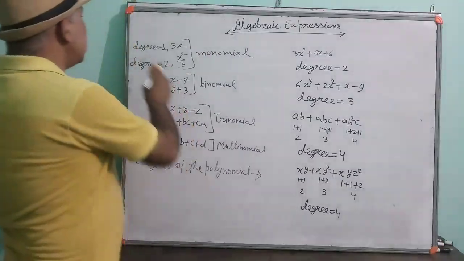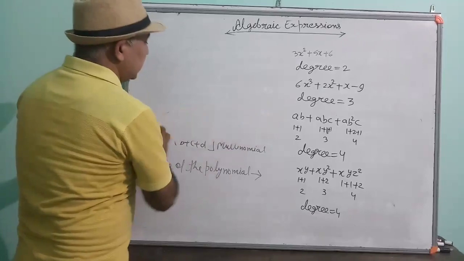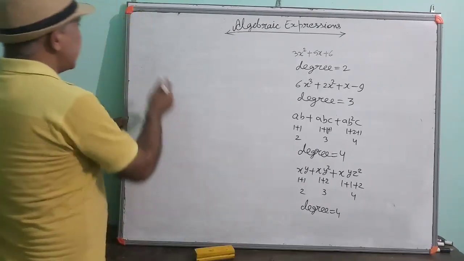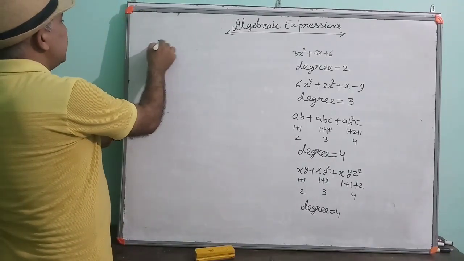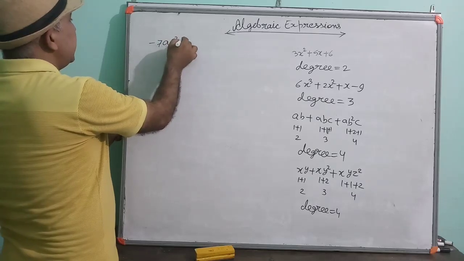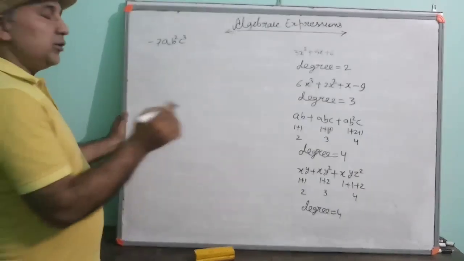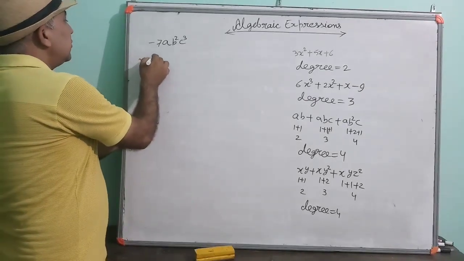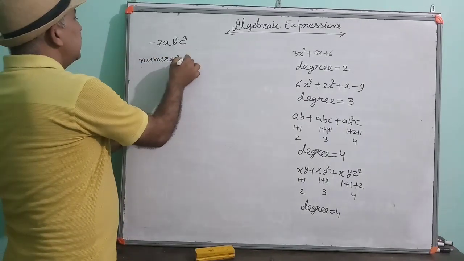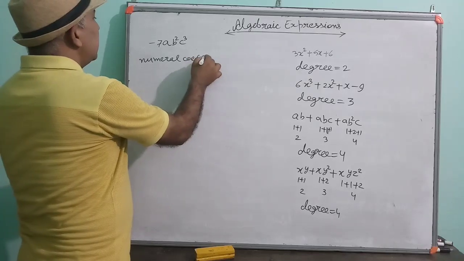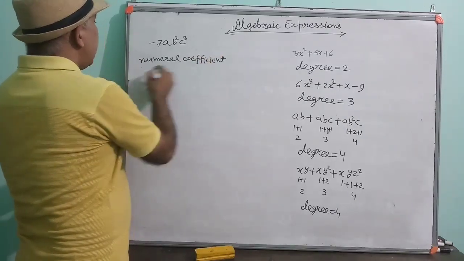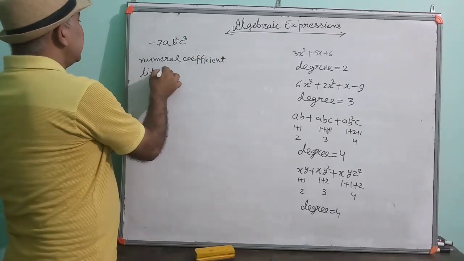Now we will see the coefficient of the given numbers. Suppose that one number is given minus 7ab square c cube. You have to find the numeral coefficient and literal coefficient.